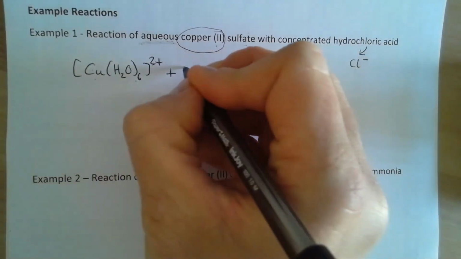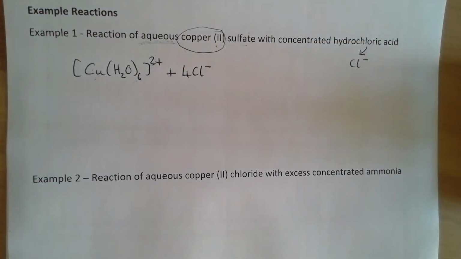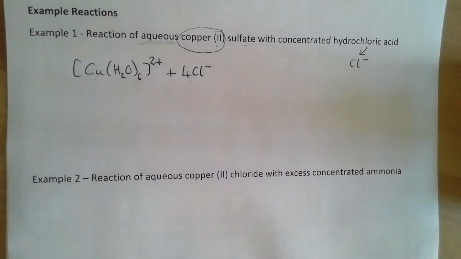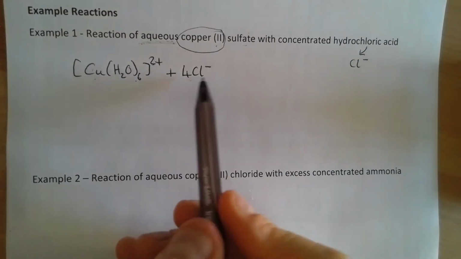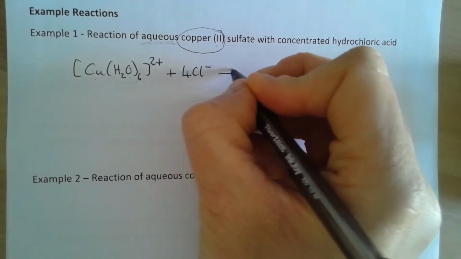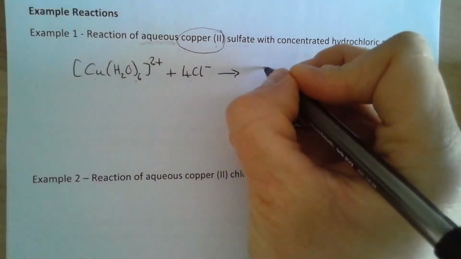So we're going to react with 4 chloride ligands. The reason being is the chloride ligands are much larger than the water ligands, so they're going to displace all 6 water ligands, and we're going to get that last case example of a reaction where we have complete substitution with a change in coordination number.